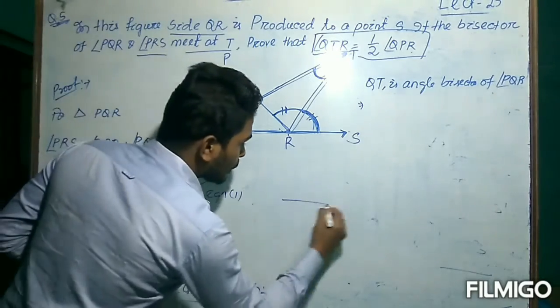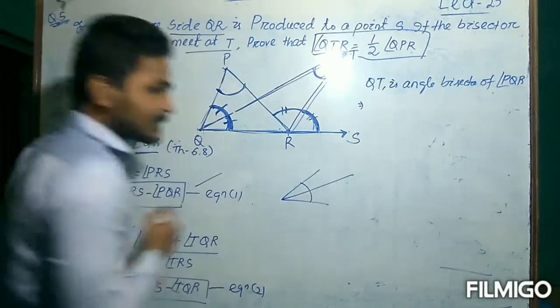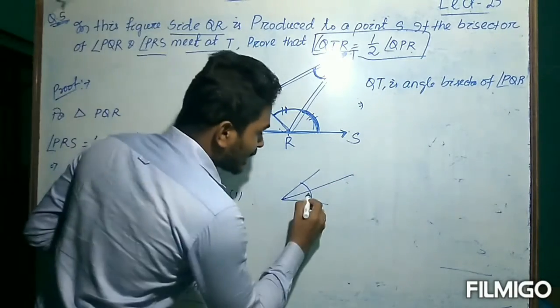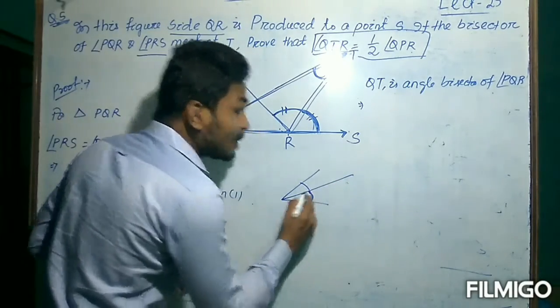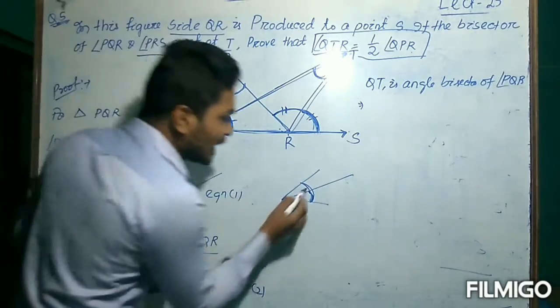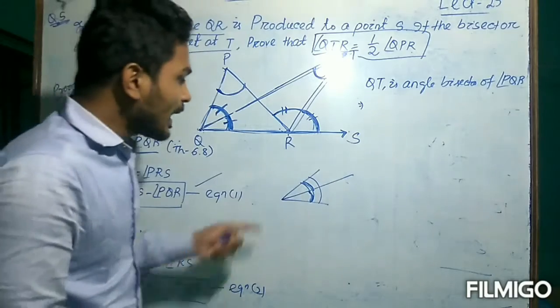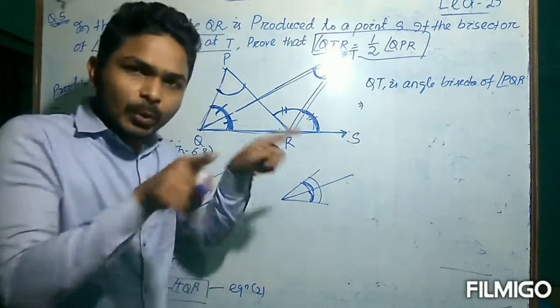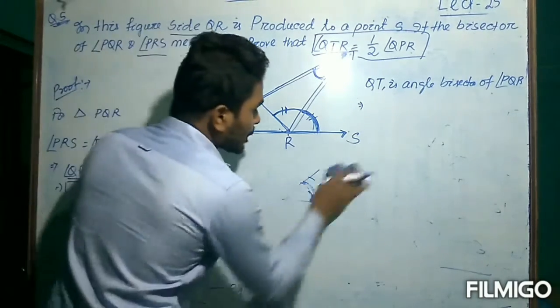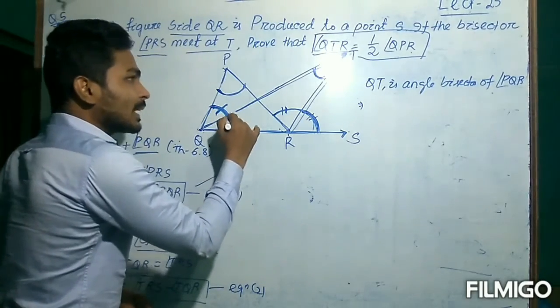Suppose this is an angle and this is the angle bisector. Then this one is half of the total angle. Similarly, this one is half of the total angle, because an angle bisector divides an angle into two equal halves. So we can write that this part, which angle?